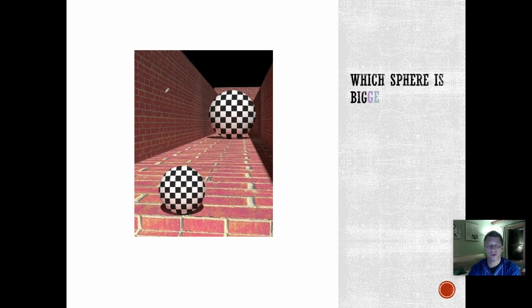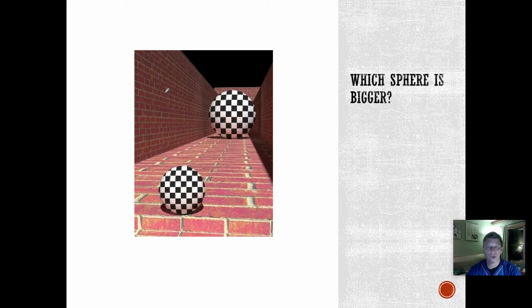And so the question for you is, which sphere is bigger? Now, if you paid attention to video number 1, you probably already know the answer, but look carefully, because it certainly appears to me at first glance that the one in the back, the one in the distance, is far larger than the one in the front.